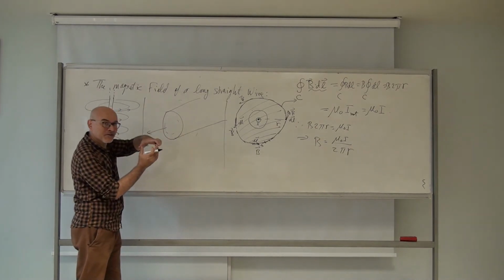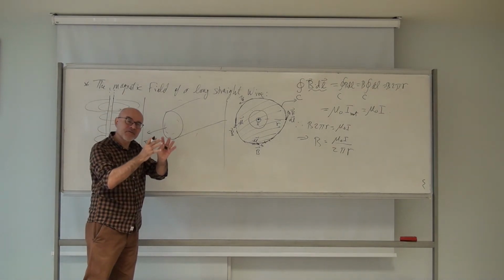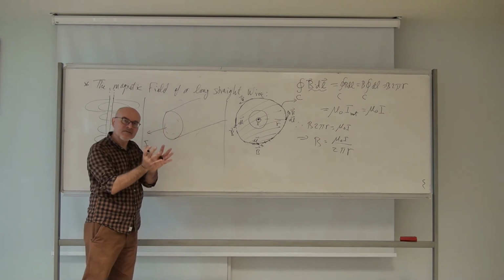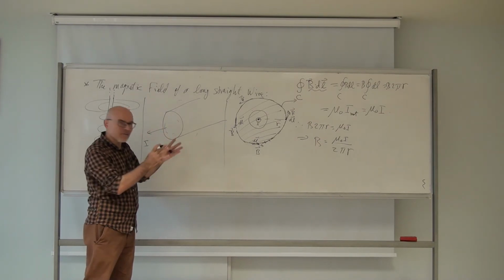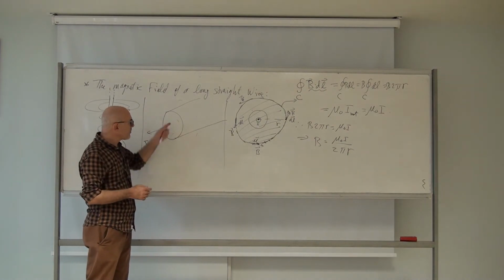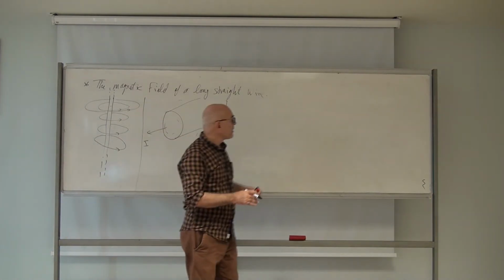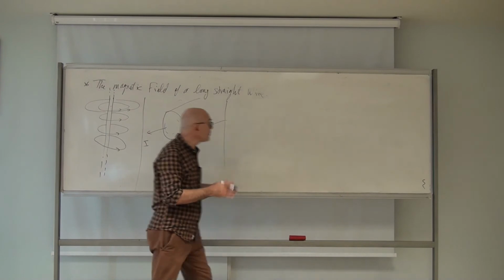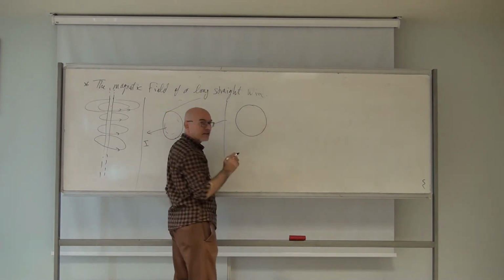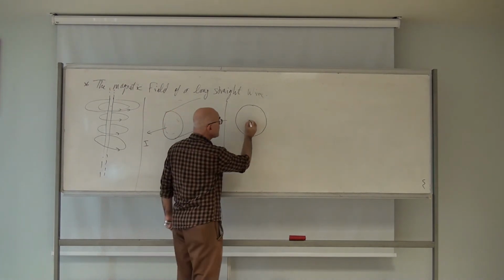Okay, so within the wire. You remember when we found the electric field inside a solid sphere of charge? This is something similar to that. So let's try to apply Ampere's law to that portion. For this purpose, this is the cross-section of the wire, and this is the center.